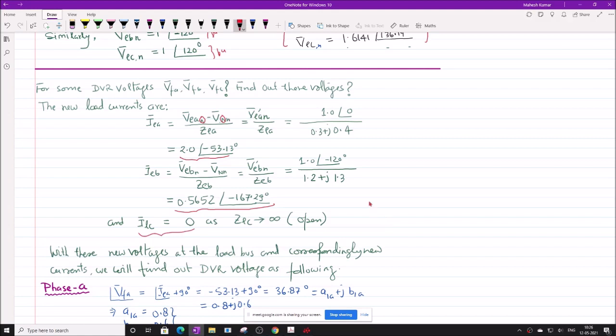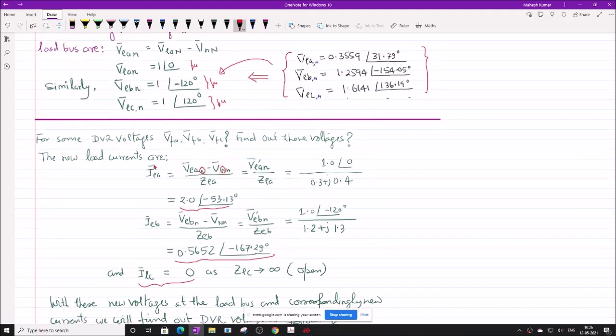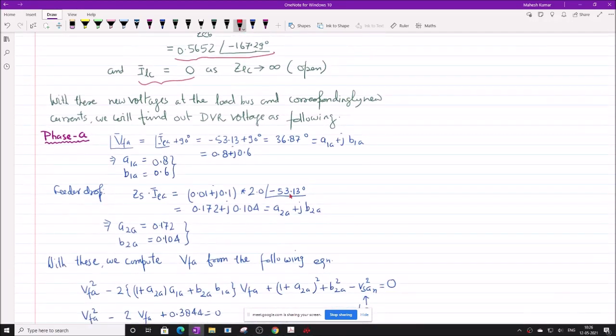Okay. Now with these three load currents and three load voltages, we can find out the angle of VFA. So angle of VFA will be angle of ILA plus 90 degree, which is 36.87. Angle of VFB will be the angle of ILB plus 90 degree. We will do it later. First take phase A, then phase B, then phase C. And the feeder drop will be ZS into ILA.